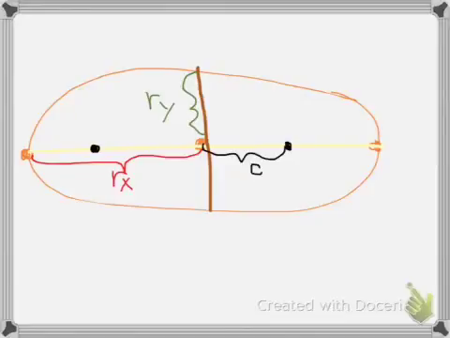There is a formula on your formula chart to find the distance c, and we'll talk about that in the next video I post. But I wanted to tell you that the distance from the center to that point is c, whether it's a horizontal ellipse or a vertical ellipse.